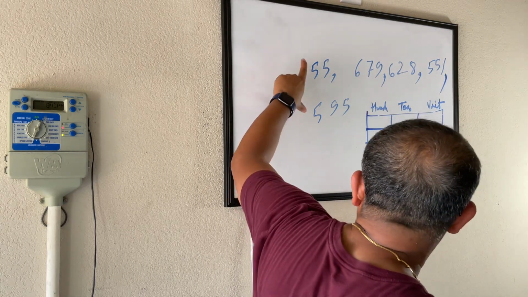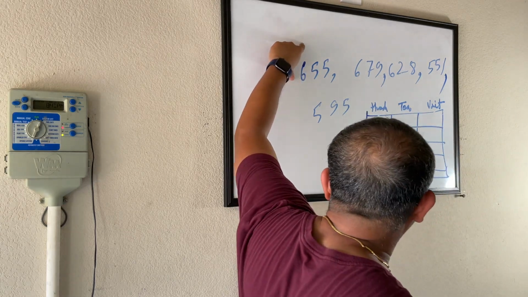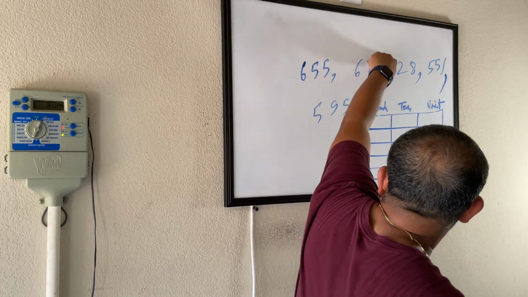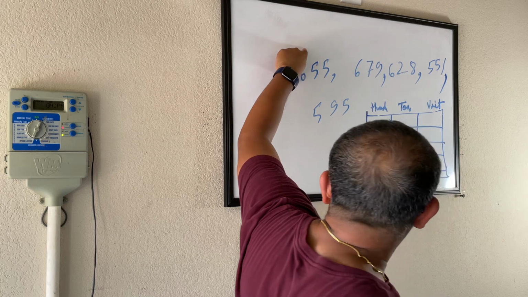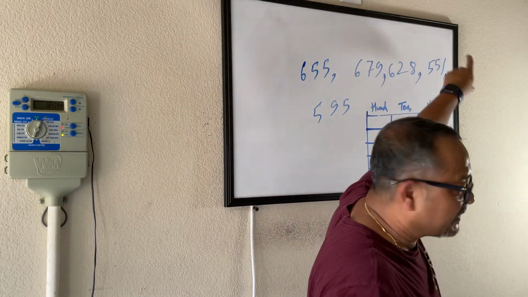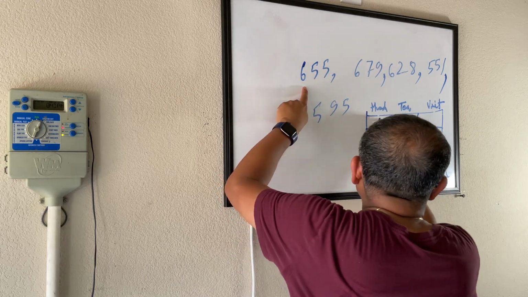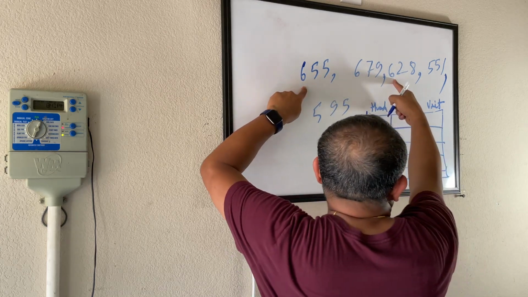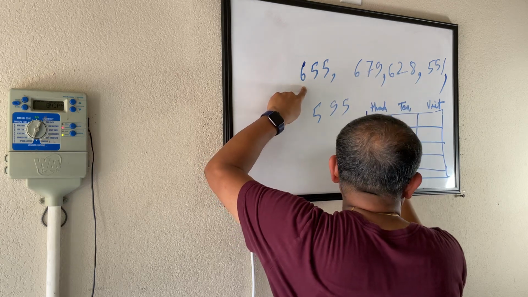Look at, see, how do we find which one is the biggest? Because we see that the highest place value has the larger value or smaller value. So we know that 3 numbers have 6 in the hundreds place, okay?